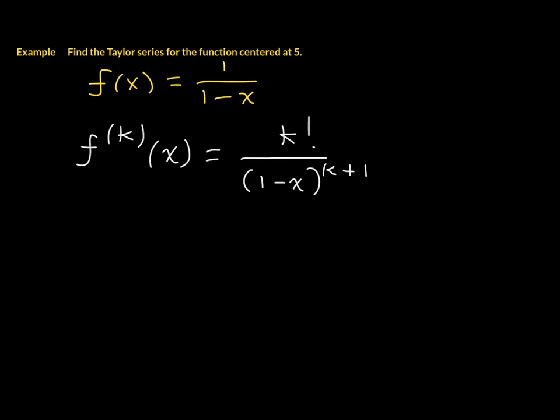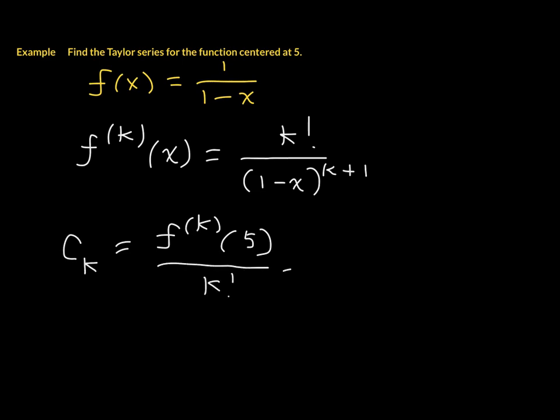These are all of the derivative functions, okay? Now, what about the coefficients? We call the coefficients c sub k. They are the kth derivative evaluated at 5, all over k factorial.